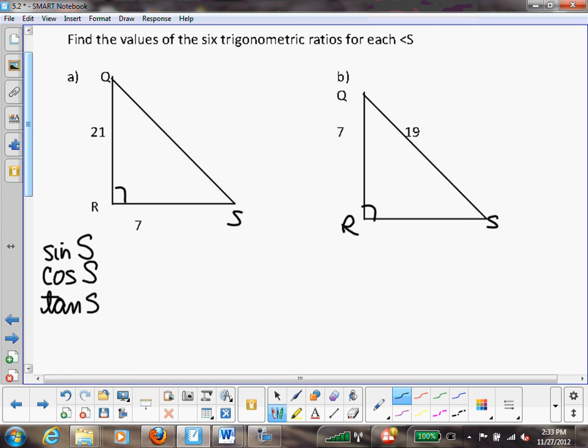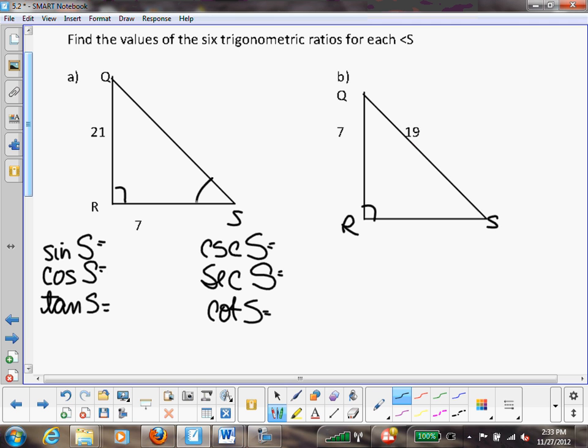The sine of S, its reciprocal is the cosecant of S. The reciprocal of cosine is the secant of S. And then the tangent's reciprocal is, all right, these are values that we're going to put down.